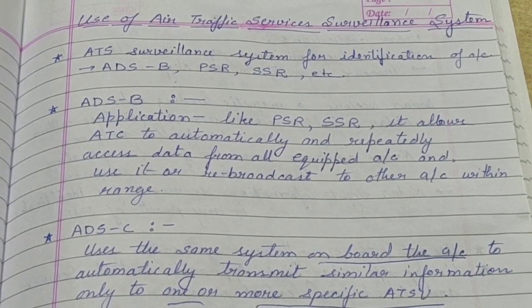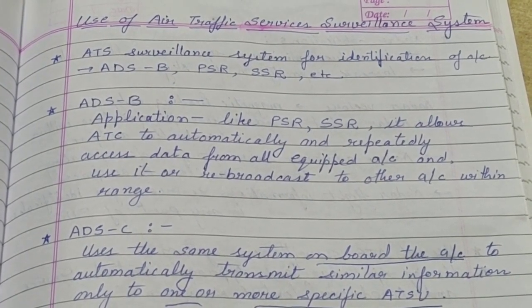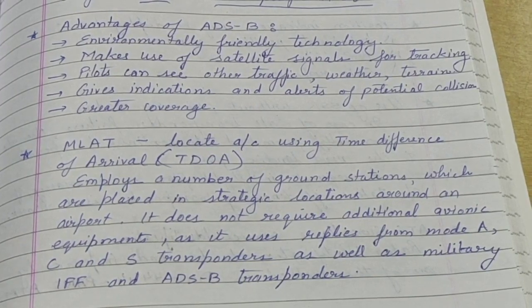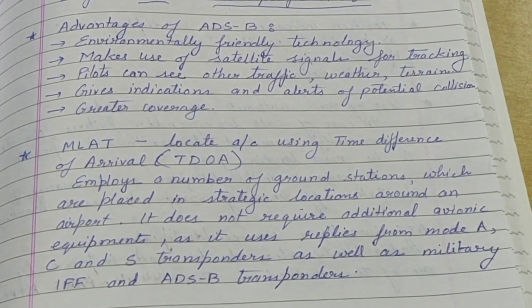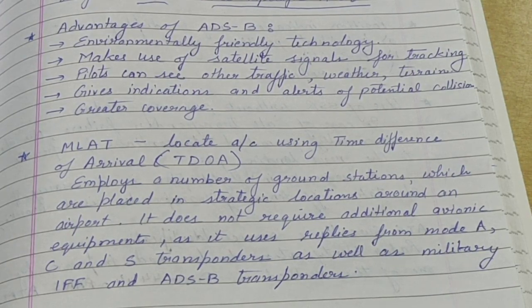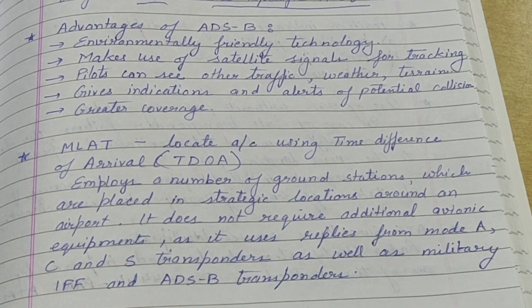AOC stands for Aeronautical Operational Center. That makes a pretty clear picture of the difference between ADS-C and ADS-B. Broadcast and contract, the names themselves suggest the difference.